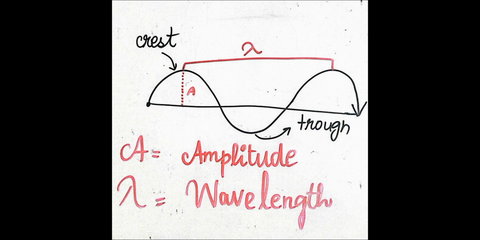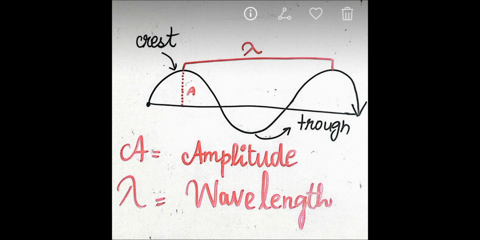What is the crest and trough of a wave? The highest point is known as the crest, while the lowest point is known as the trough. And the distance between either two crests or two troughs is the wavelength.